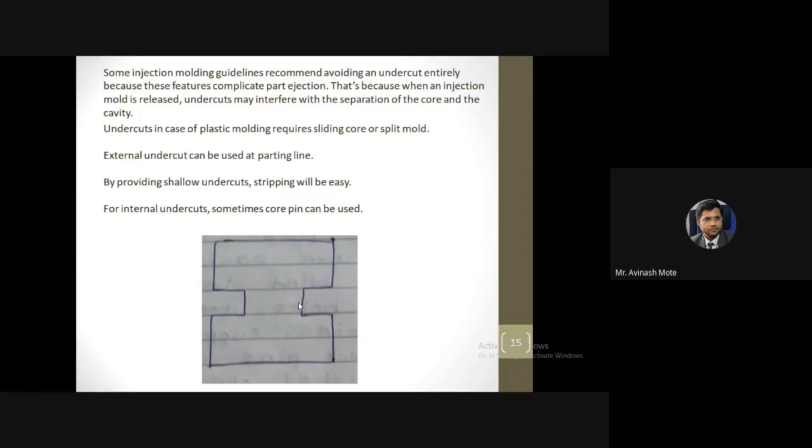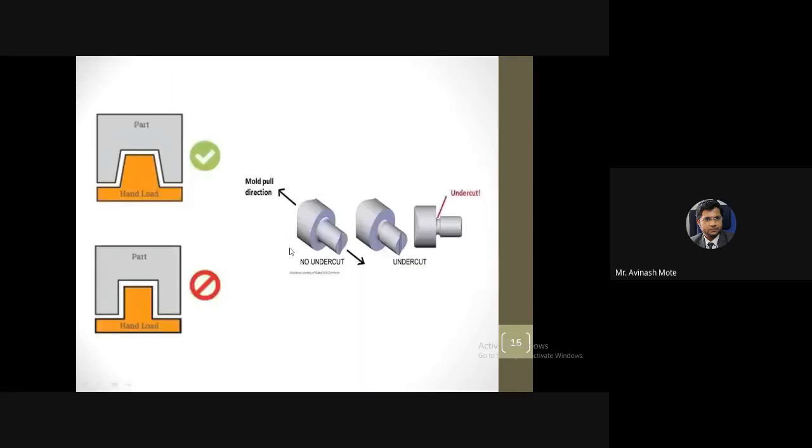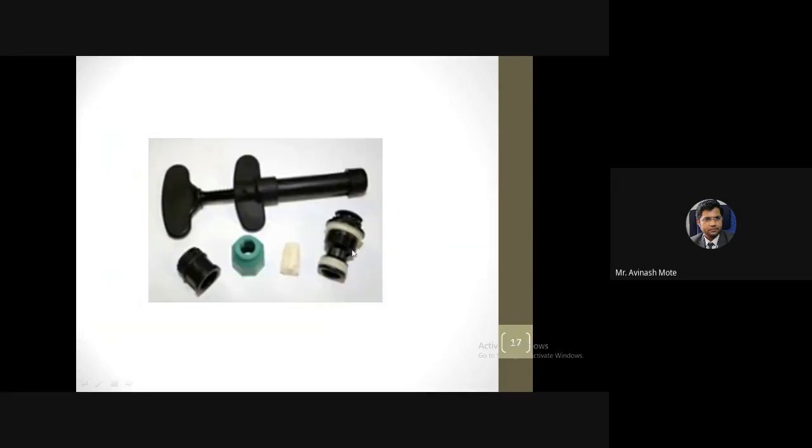But sometimes, many times, undercuts are required. For example, these are the components in the second figure. This is the undercut, the internal undercut. If you see this kind of component, an undercut is there. Undercut is a must, like screw threads, whether externally threaded or internally threaded.